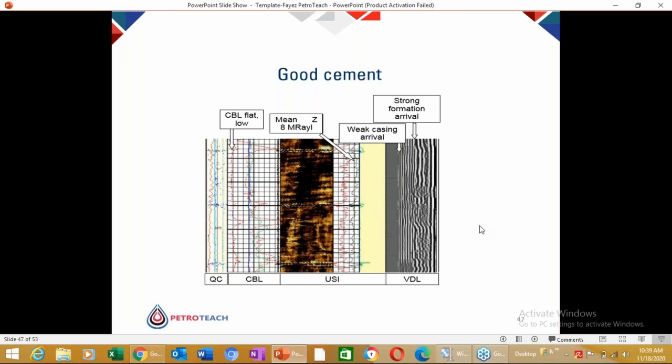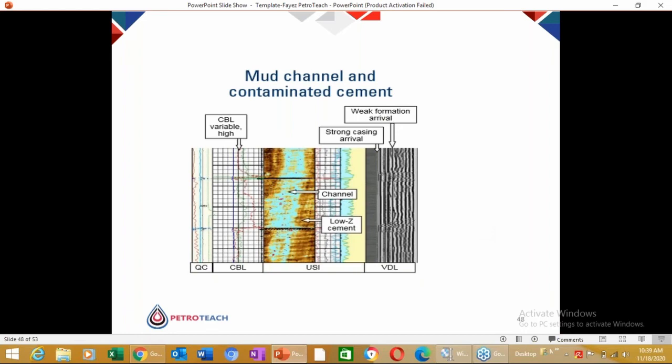This should be very good before perforating, otherwise we will get a lot of problems, and that way we don't have well integrity.